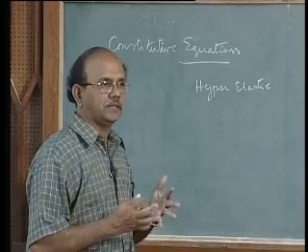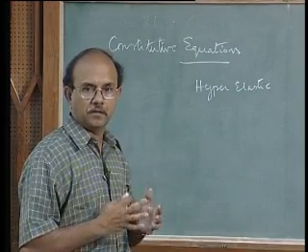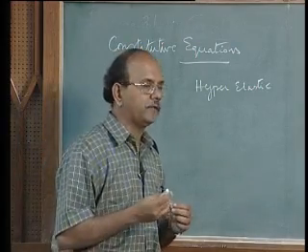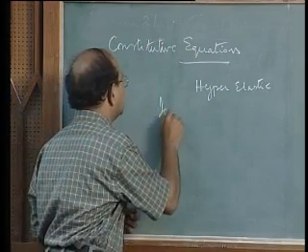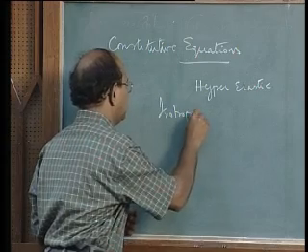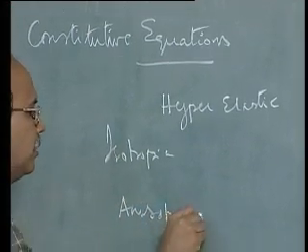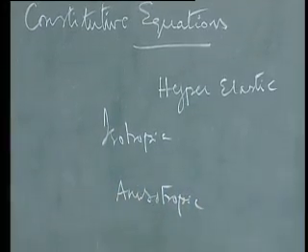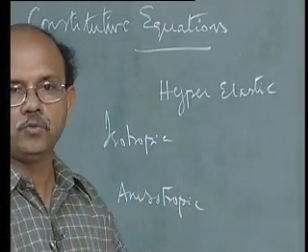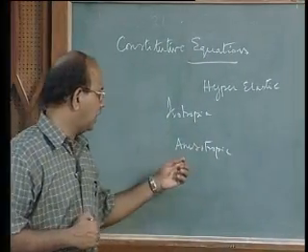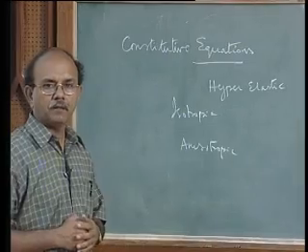In fact, if you look at the materials that can be classified under hyperelastic materials, they can be classified as, of course, isotropic and anisotropic. I'm not going to cover the anisotropic part in this course, because that's again a huge area. You need to know a lot more of continuum mechanics in order to cover the anisotropic part of it.